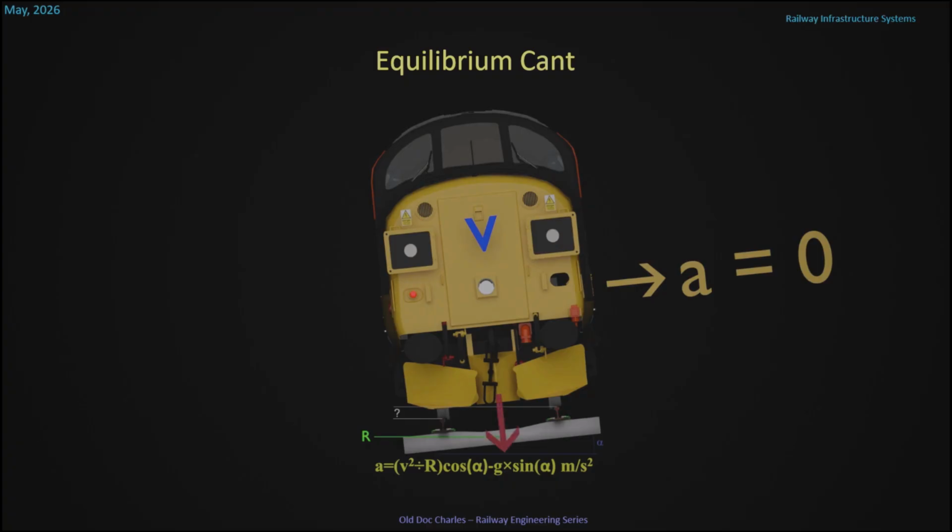So the forces will be directed downwards into the track, which reduces wear and tear on the tracks. This is called the equilibrium cant. And you'd think this would be the ideal situation. And for freight trains it is, but not for passenger trains. I'll explain that next.